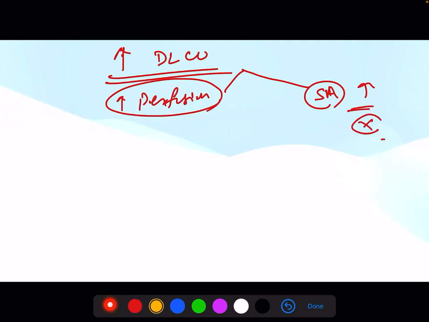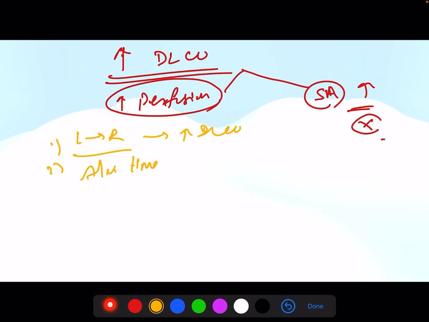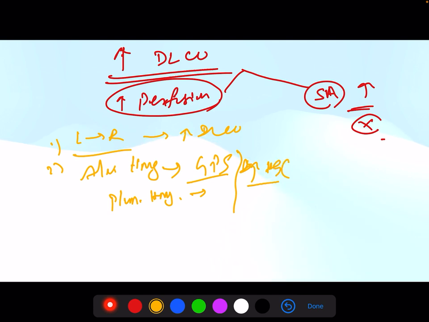So in left to right shunt there can be pulmonary hyperemia leading to increased DLCO. Second, alveolar hemorrhage. For example, Goodpasture, or also in pulmonary hemorrhage, okay, the SB fraction increases, more RBC, so more diffusion. Hope you are clear.